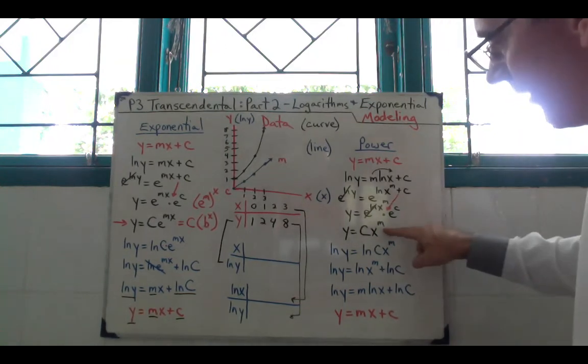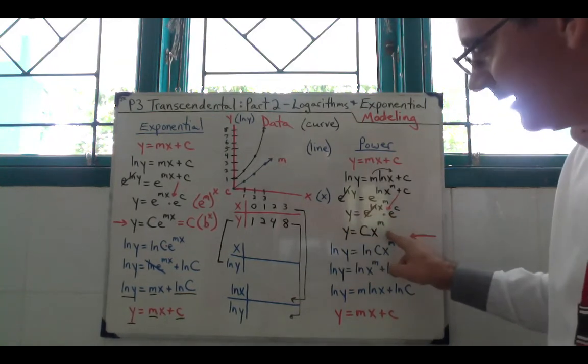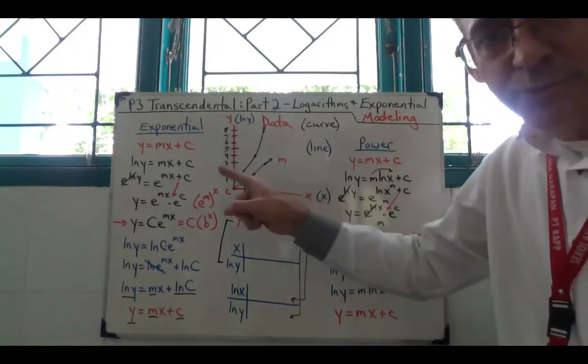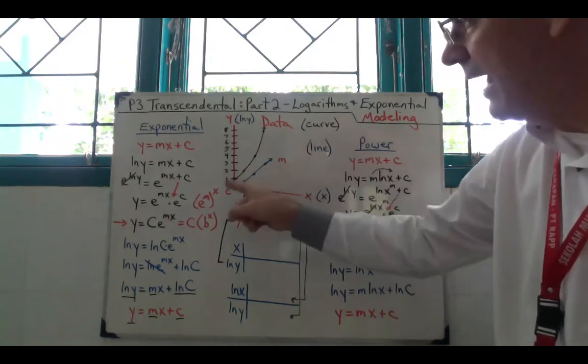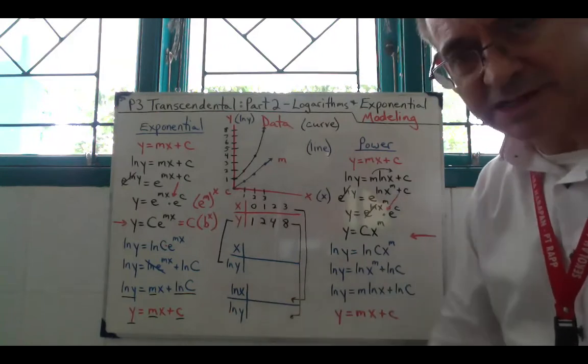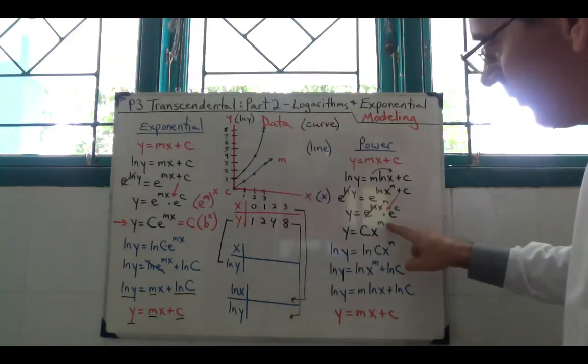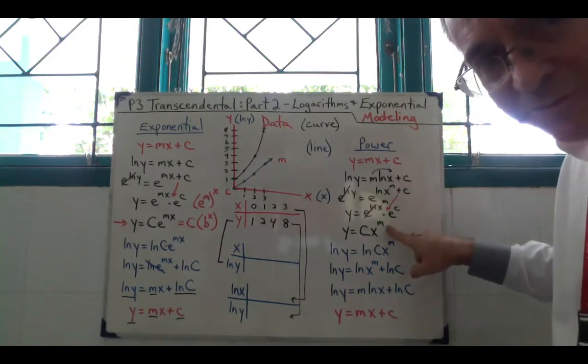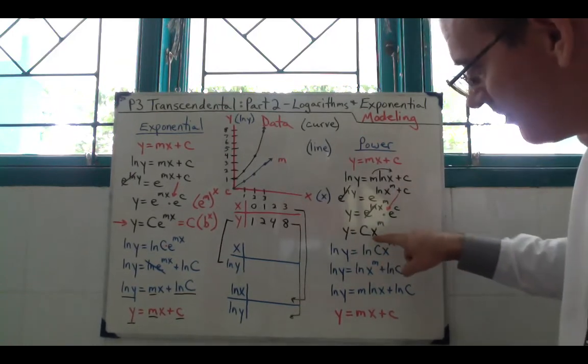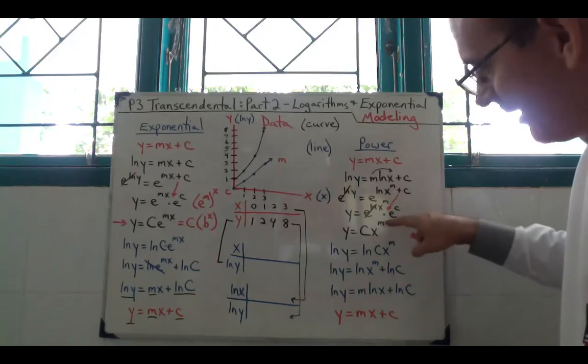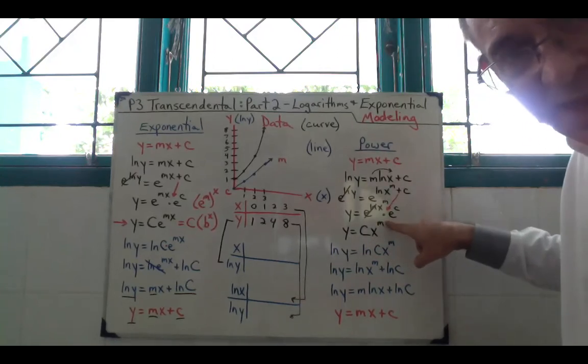Notice this now is your modeling equation that would represent your line if this is the situation that you have to make a straight line. And this is called a power curve because your x is on the normal script and it is raised to some exponent.